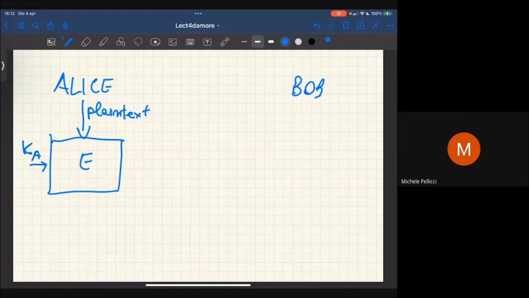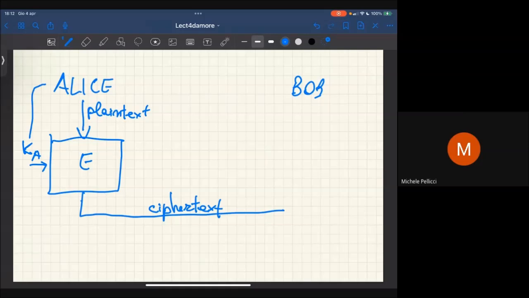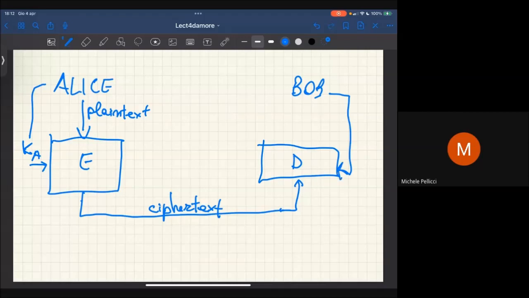Let me call it KA. And then we obtain the ciphertext. On the side of Bob, he is receiving the ciphertext, and by using a key, Bob will get back the plain text.